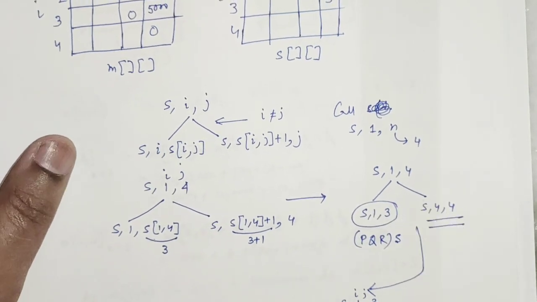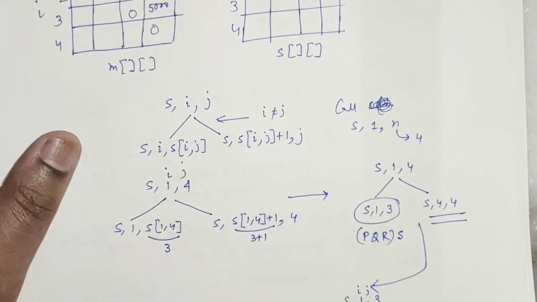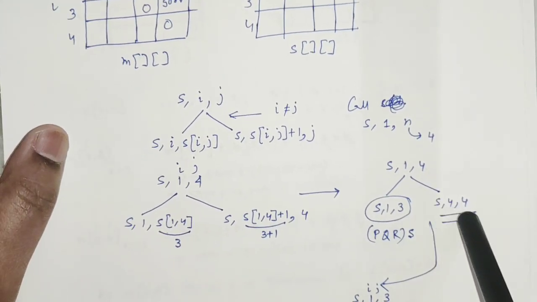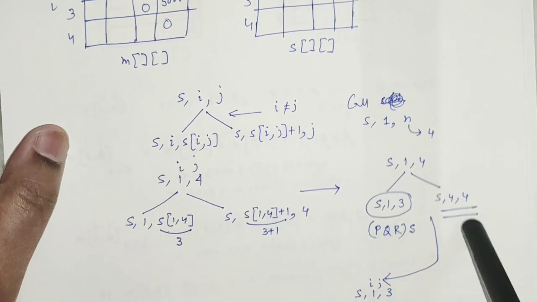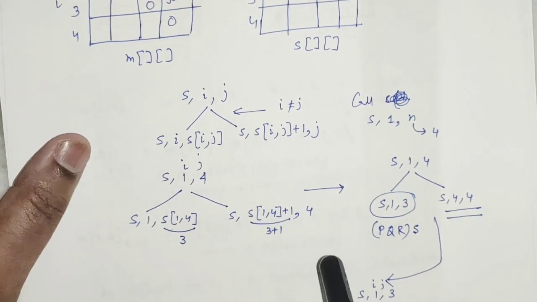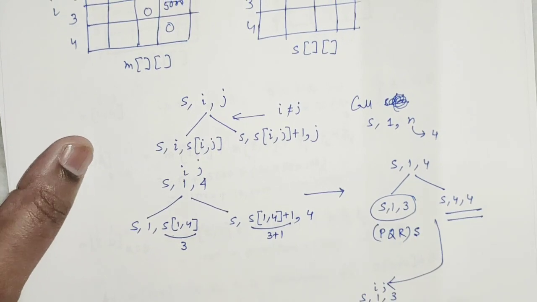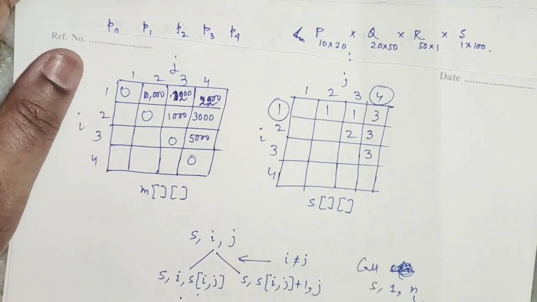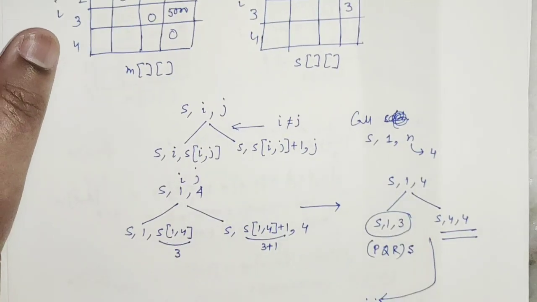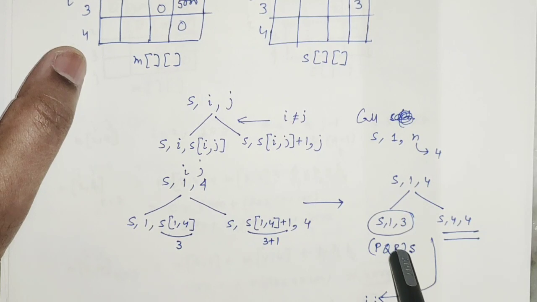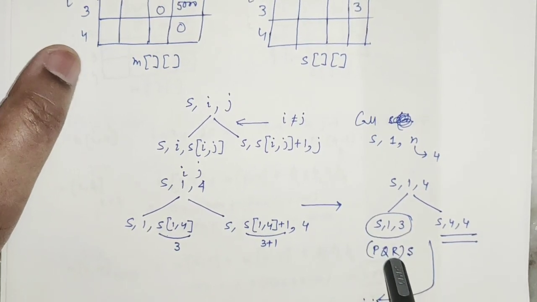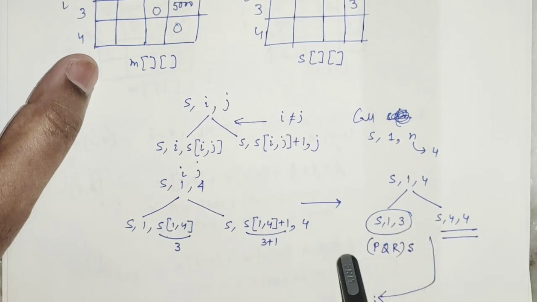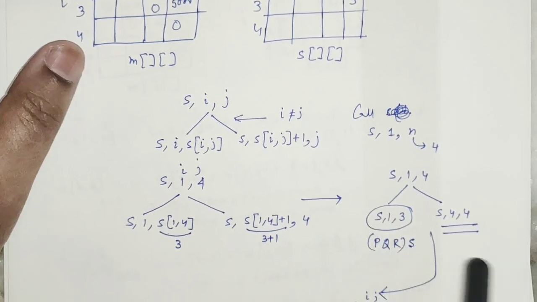When i and j are the same, no further call is expected, because here i is 4 and j is 4, they are the same. In this chain you have 4 matrices in total, P, Q, R and S, as visible here. So 1,3 means from the first matrix up to the third matrix there will be a parenthesis, and 4 to 4 means the fourth matrix alone. That means 1 to 3 on one side and the fourth one on the other side.